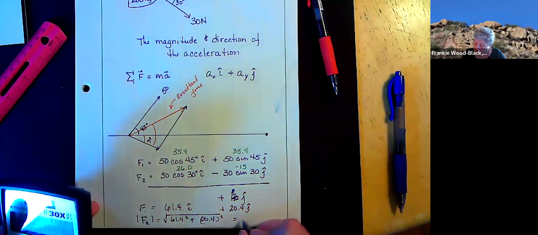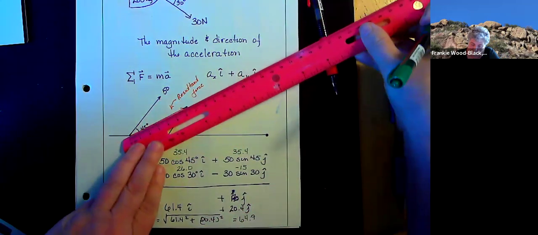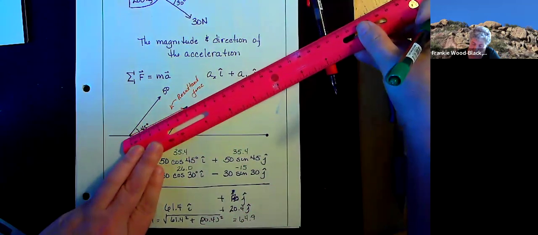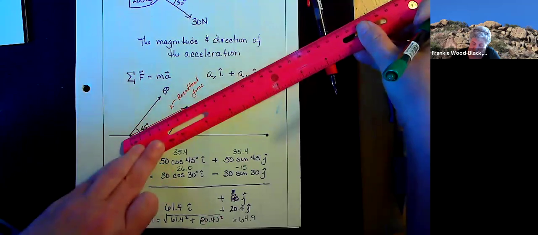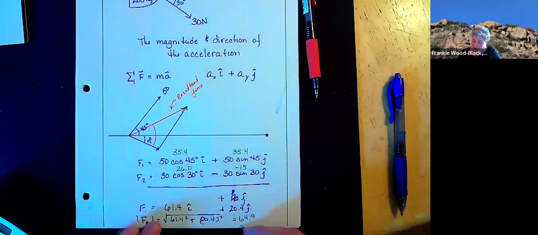And this gives me 64.7. And if I go ahead and measure this, not perfect, because I didn't use a protractor, but I'm pretty darn close.